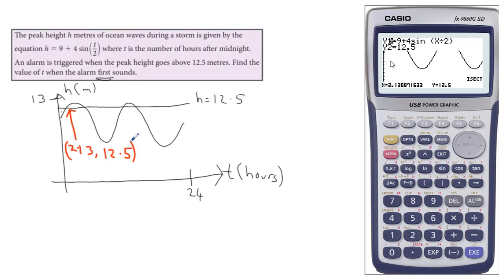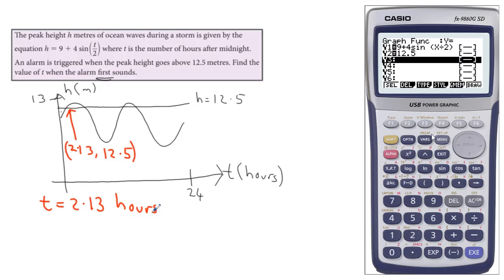Okay, so t equals 2.13 hours after midnight. If you don't like that, and I don't particularly, I've got a bit of an issue with decimal time, so you may want to change that.